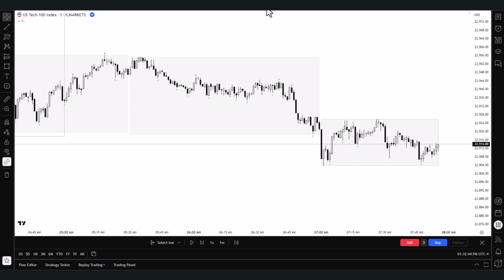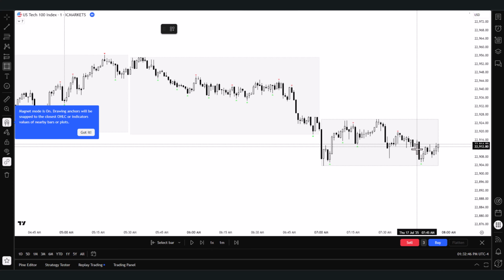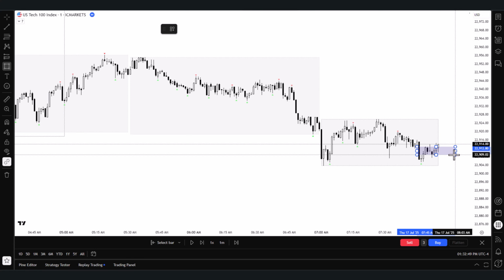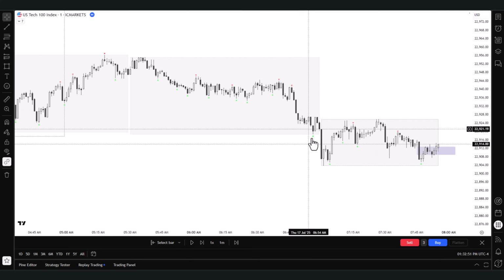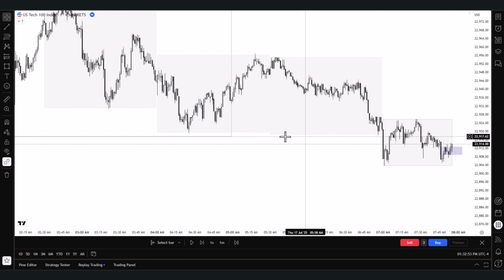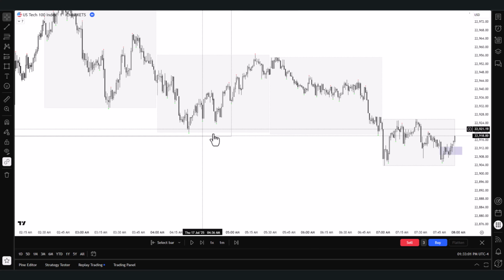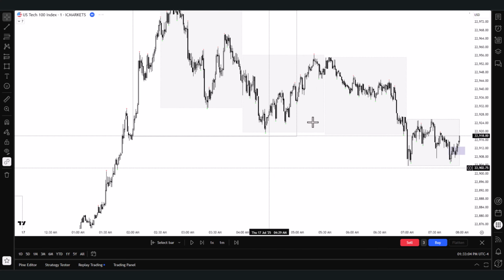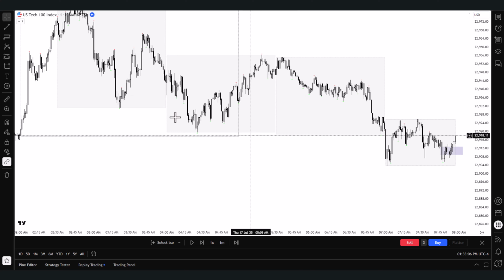Here we have made an inversion on M1, but not closed inside any 90-minute cycles. Let's wait for it. Yes, now closed inside this London session range.